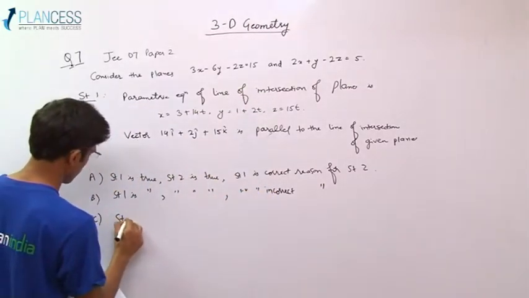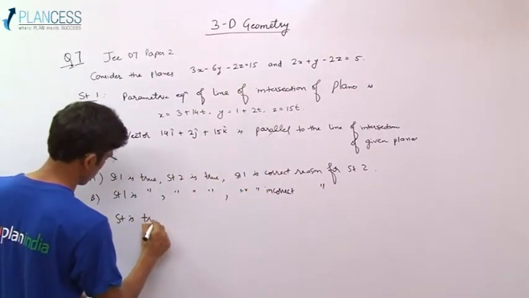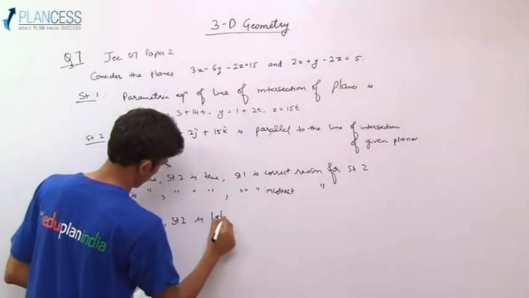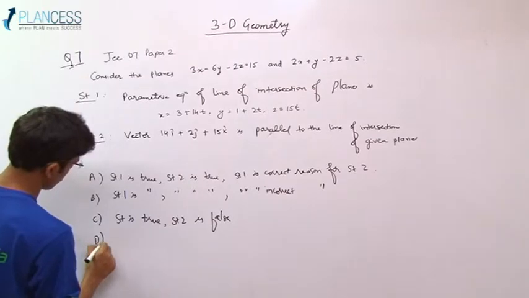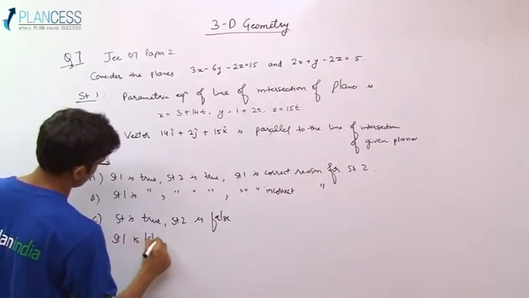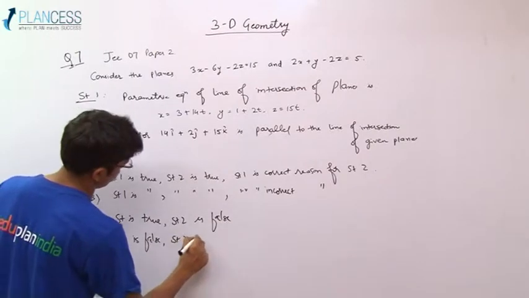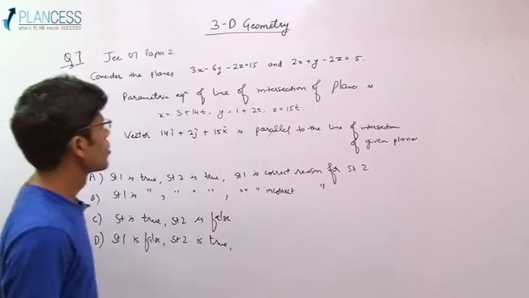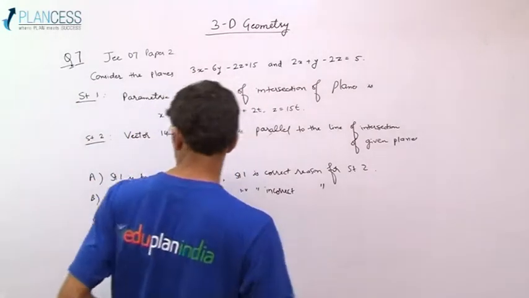C is statement 1 is true, statement 2 is false, and D is statement 1 is false, statement 2 is true. Okay, so let's solve this question very systematically.